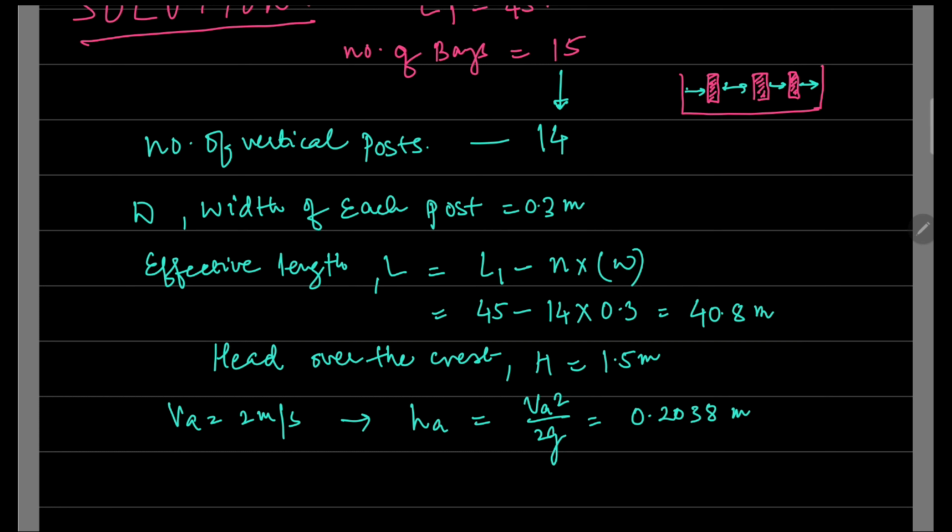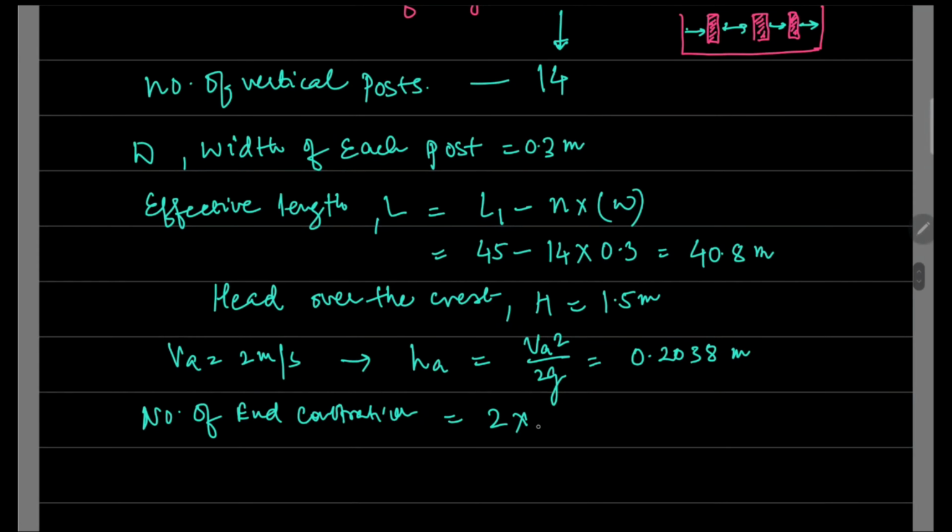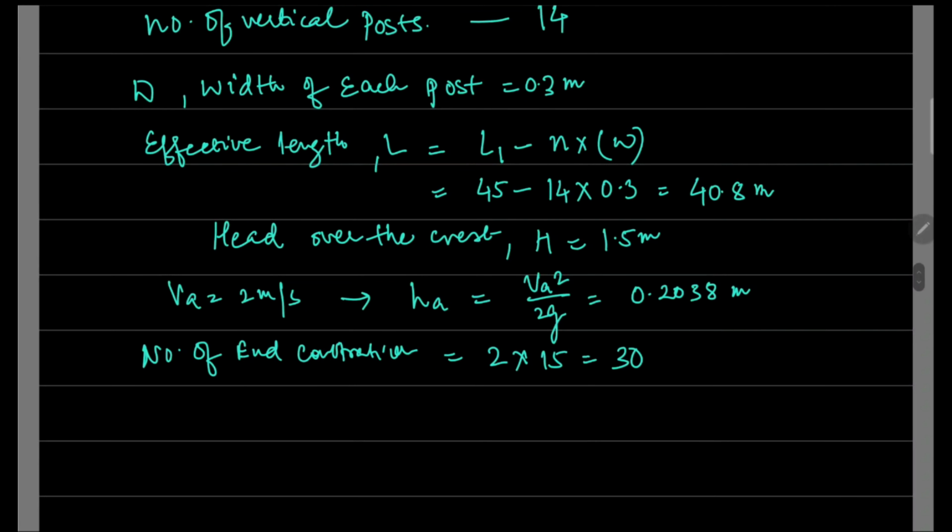Now the number of end contractions will be 2 multiplied by the number of bays, which is 15. So the number of end contractions will be 30 here. Now we will use the Francis formula for end contraction and the velocity of approach.